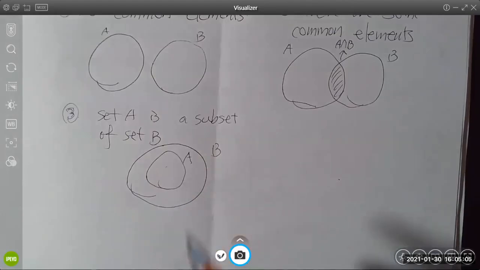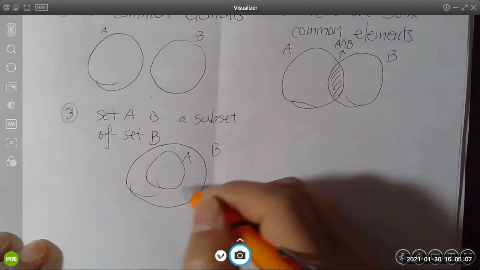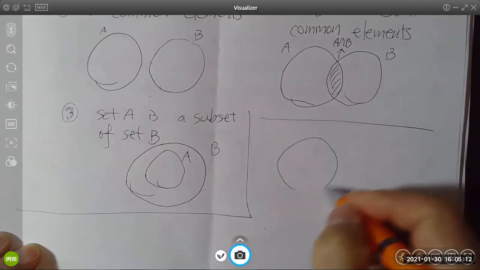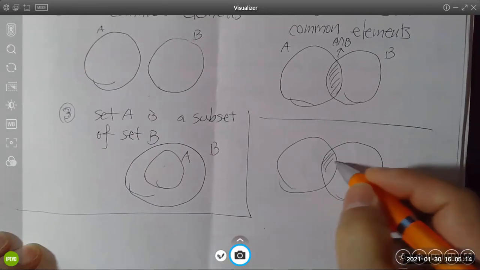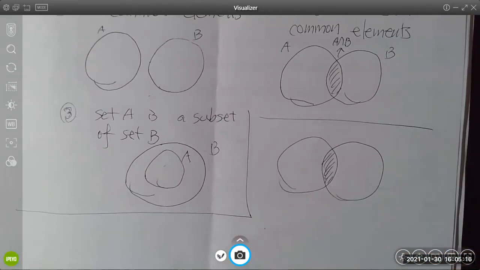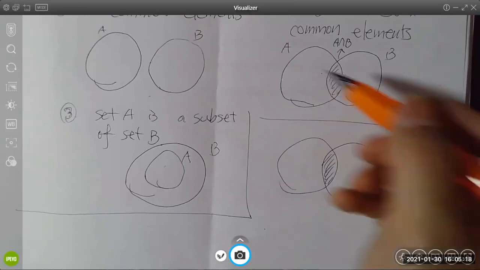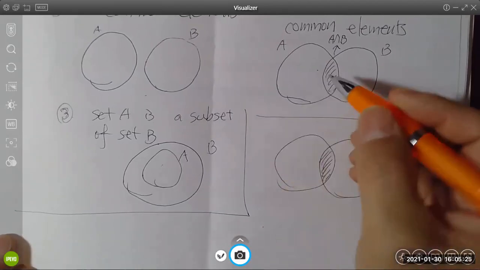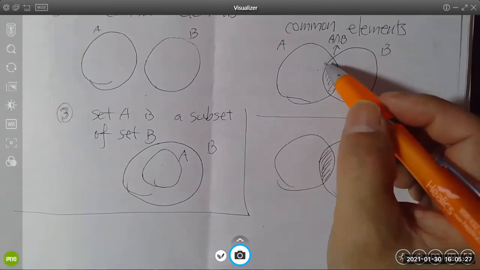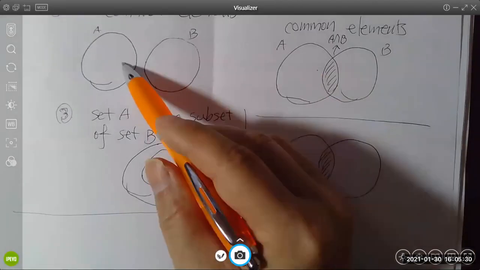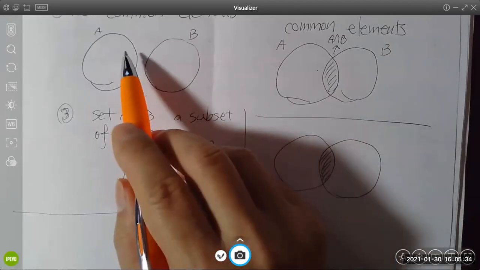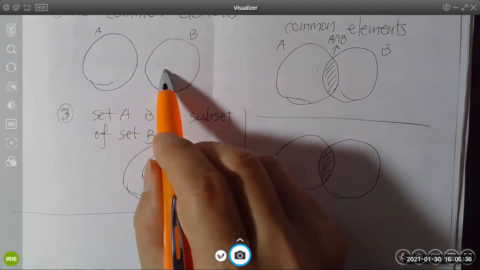And actually, all of the three scenarios can be represented in one drawing. That is this. In other words, this can represent all of the three scenarios. But why is that? Now let's look at the reasoning. In this case, there are no elements that are common, right? That means the intersection set is going to be an empty set.